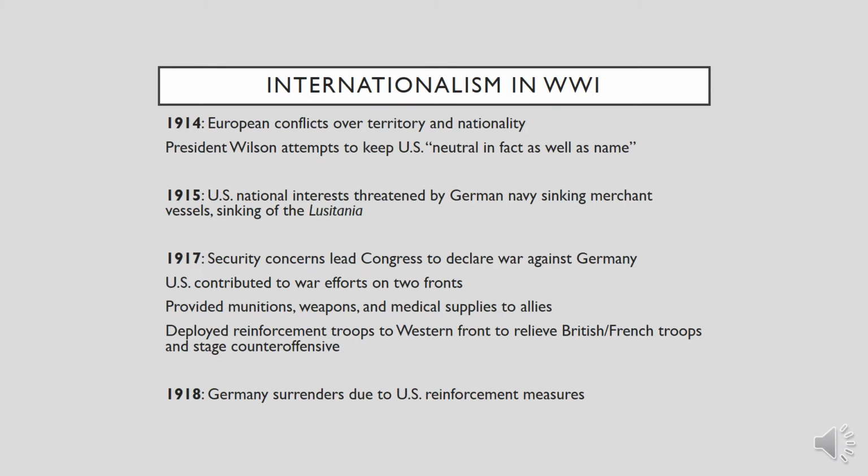Internationalism can also be seen in the World War I era and the U.S. involvement there. President Wilson initially wanted to be neutral, but due to the sinking of the Lusitania, the U.S. was brought into World War I, at first providing munitions and supplies, but then, of course, providing troops.